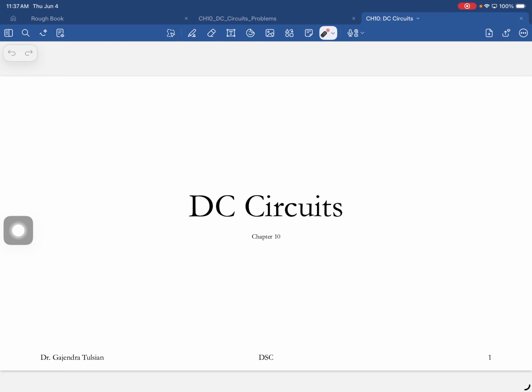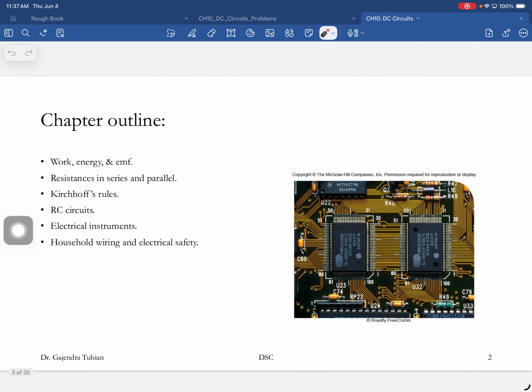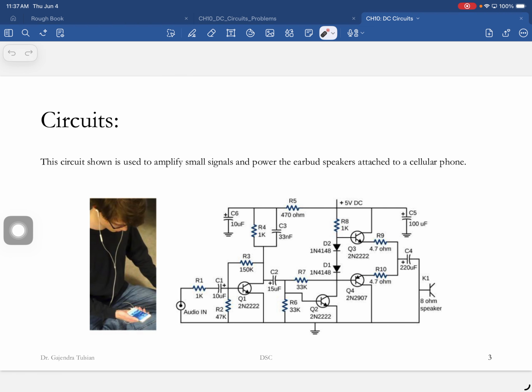All right, so DC circuits. What is this guy? Here's a slightly more complicated circuit. Again, for this circuit to work properly, when you're designing this, you'll have to know the current through each element. Do you guys know what this might be doing?